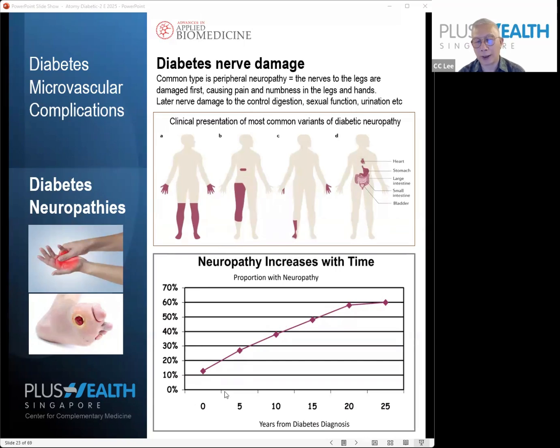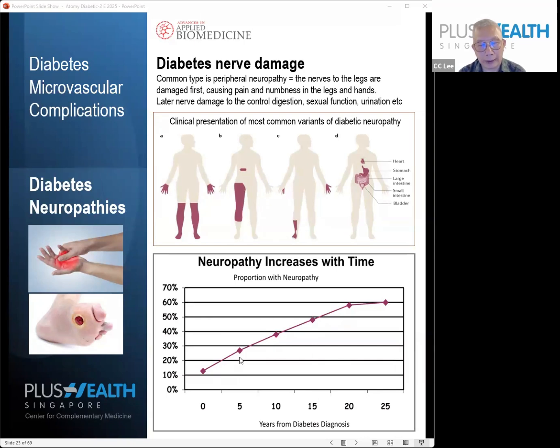As you progress, the proportion with nerve damage hits 40% after 10 years of diabetes, and when you hit 15 years, in fact, more than half of the patients will be suffering from some form of diabetic neuropathy. So therefore, it is a very important consideration to start prevention early.